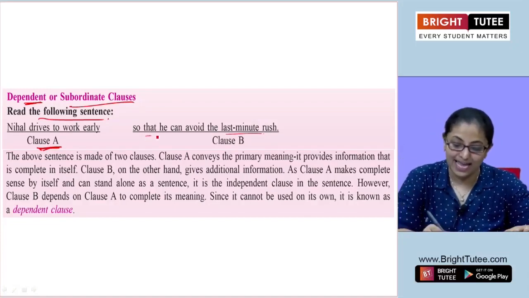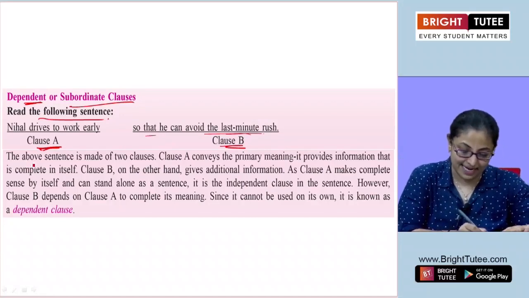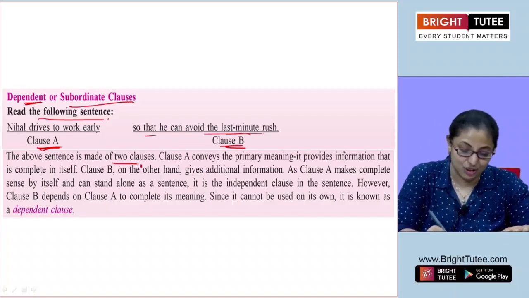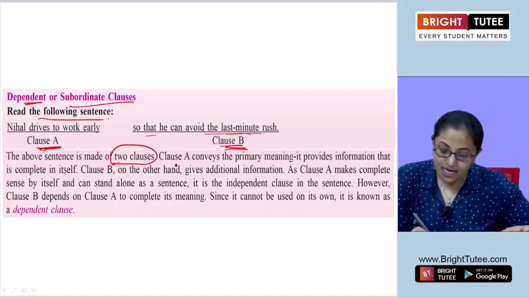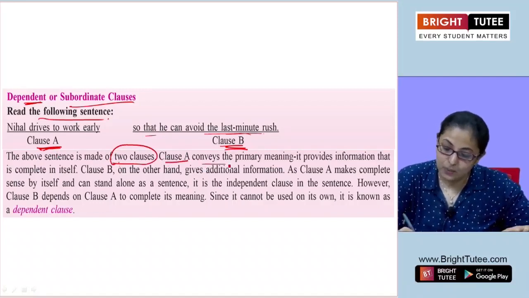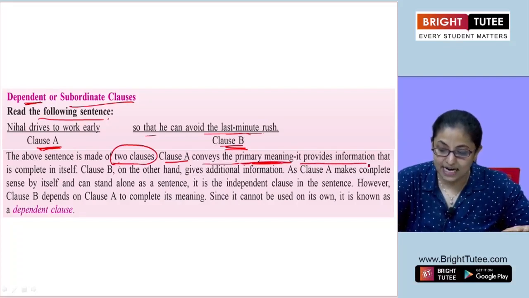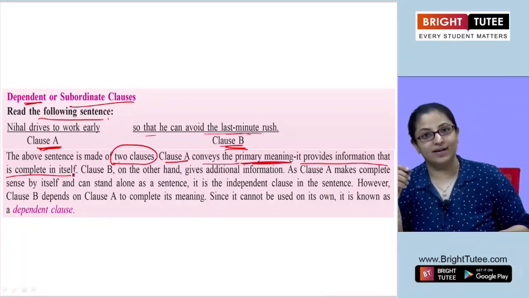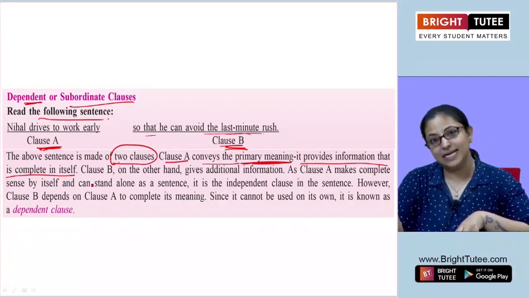But why is this clause B? Let's quickly read. The above sentence is made of two clauses, clause A and clause B. Clause A conveys the primary meaning. It provides information that is complete in itself. Clause A, Nihal drives to work early.